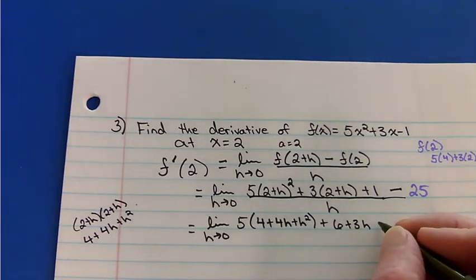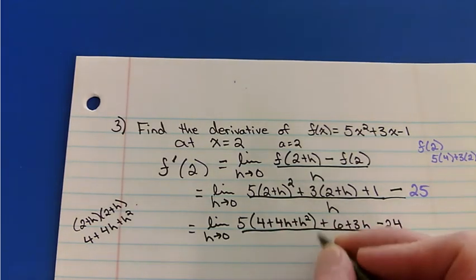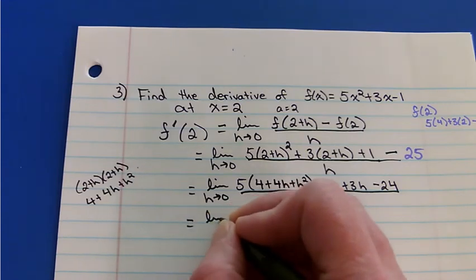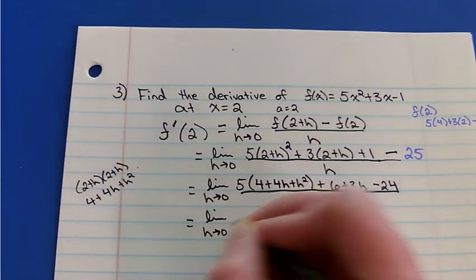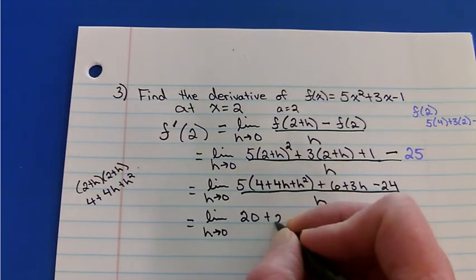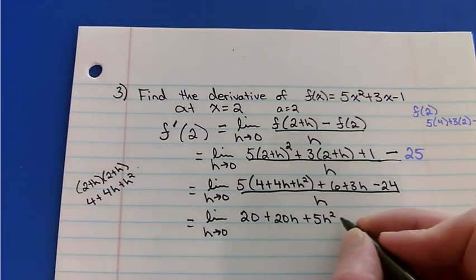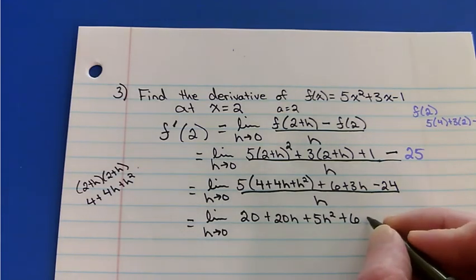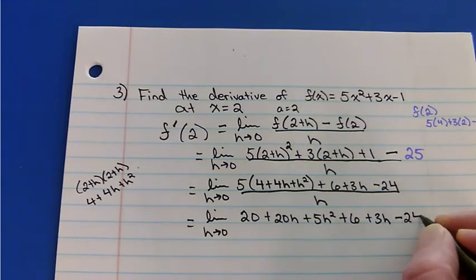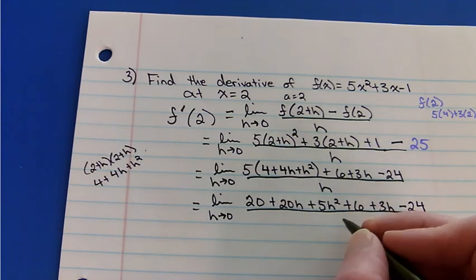And that's going to give me a negative 24 down at the end. Distribute, so that's 20 plus 20h plus 5h squared plus 6 plus 3h minus 24 all over h.